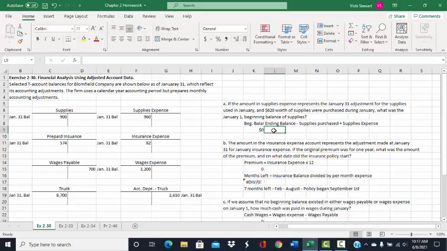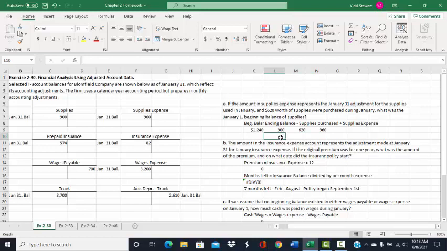So to get the beginning balance, we start off with our ending balance, what we have left, and we subtract that $620 of supplies that we purchased, but we add back the ones that we expensed. That gives us what would have been our beginning supplies balance. We started off with $1,240, we purchased another $620, we've used $960, and that leaves us with the ending balance of $900.